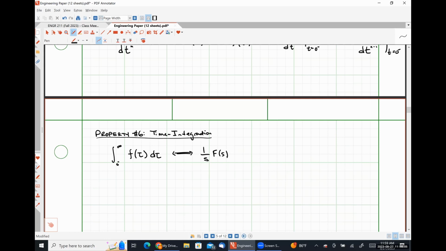So if taking the derivative in the time domain results in multiplying by s, taking the integral in the time domain is effectively dividing by s. Okay. And once again, we'll prove it.